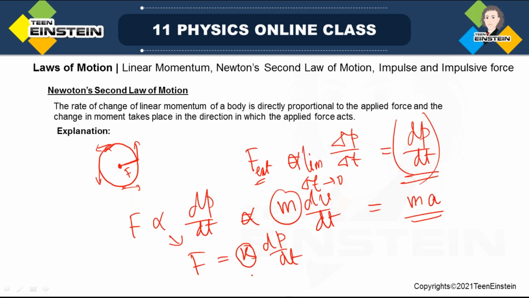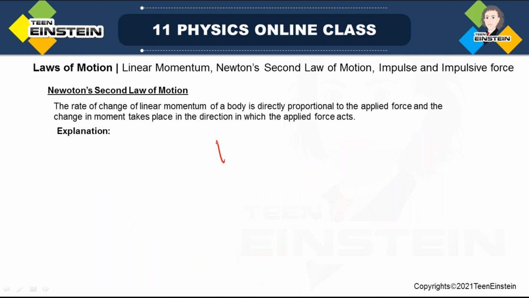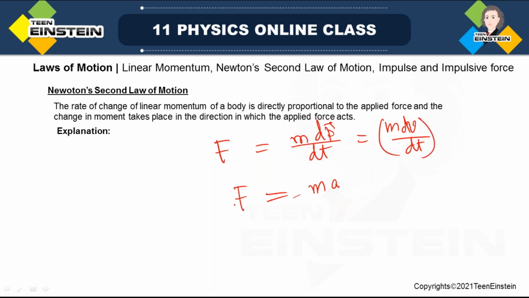This k is a proportionality constant, and it is chosen as 1. Finally Newton's second law will be used in this form, m dv/dt. This dv/dt is acceleration, so F is equal to ma, which is the famous Newton's second law of motion.